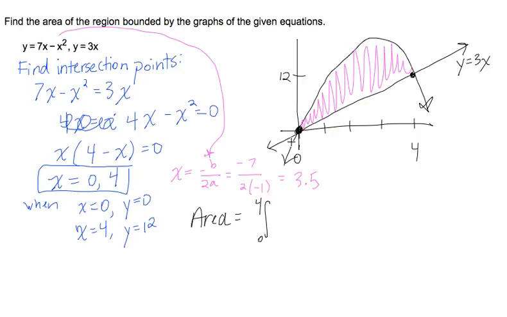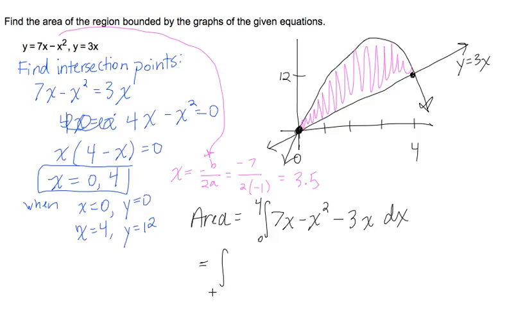And when we set up the area between two functions, it's the first function, the one on top, minus the lower function. That's our integrand. So the parabola is on top for that interval, so 7x minus x squared, minus the lower function, which is the linear one in this case, so minus 3x.